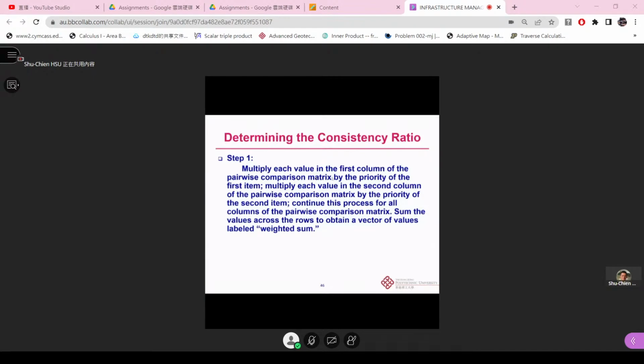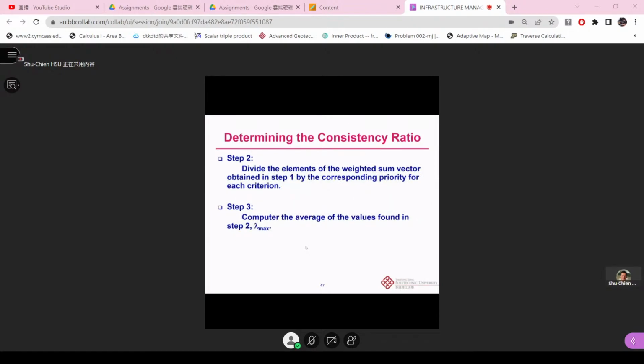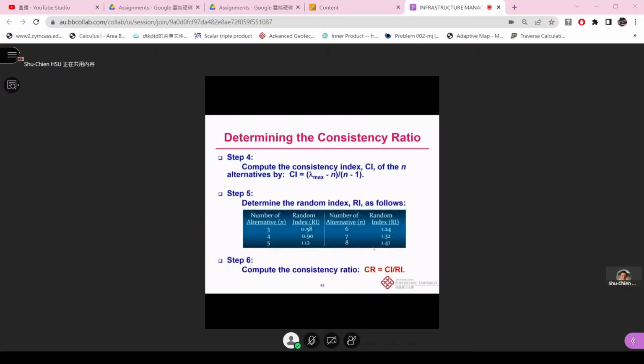Then we sum the values across the rows to obtain a vector of values, labeled the weighted sum. All right. And then we divide the elements of the weighted sum vector by the corresponding priority for each criterion. Then we can compute the average of the values found in step 2, which is lambda max.